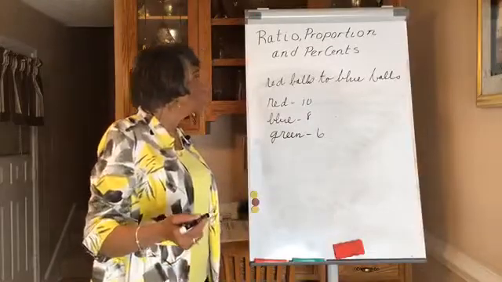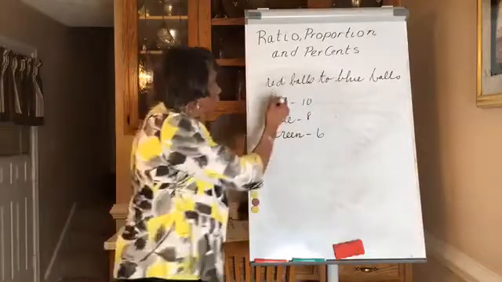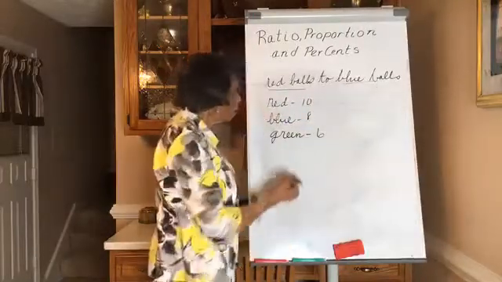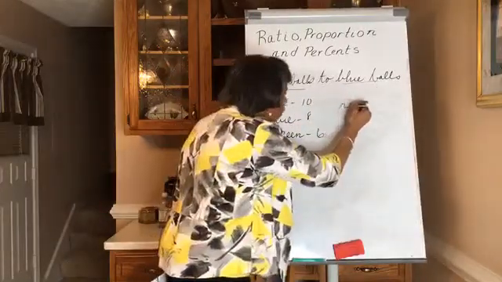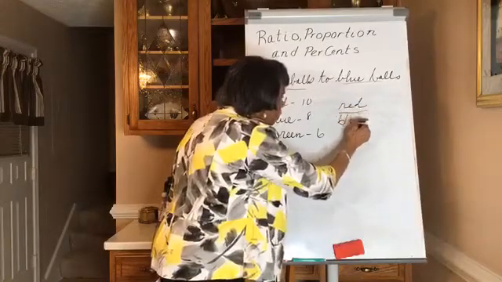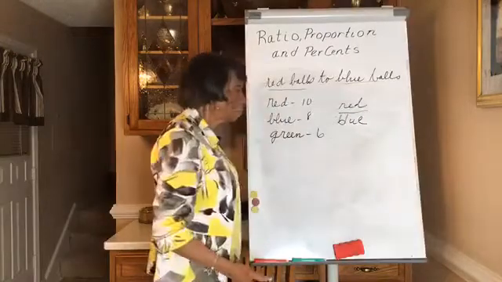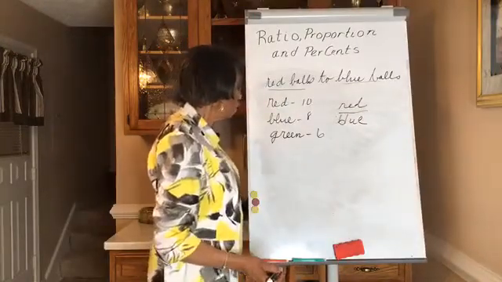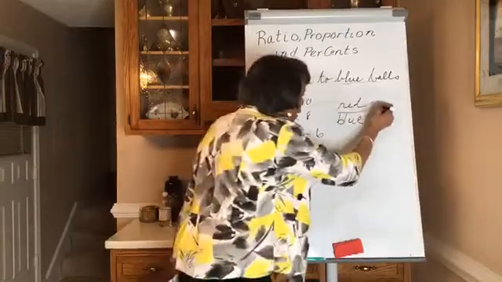All right, so I want to know the ratio of red balls to blue balls. So the reds are going to be at the top and the blue at the bottom. Okay? So if that be the case, then what is the ratio? Red, we have 10.